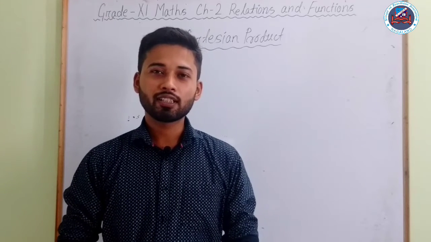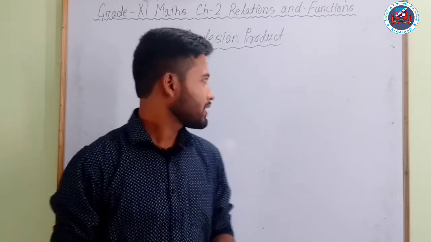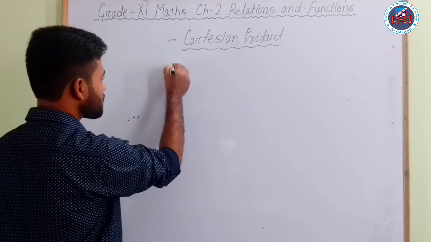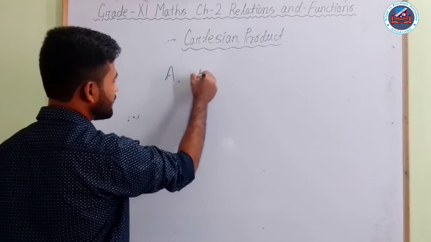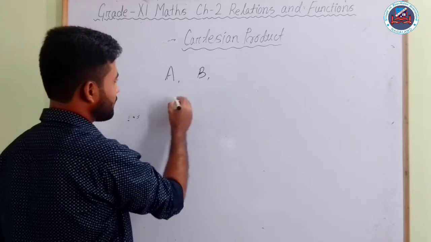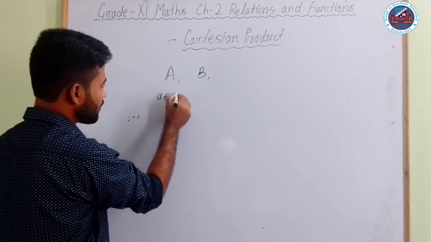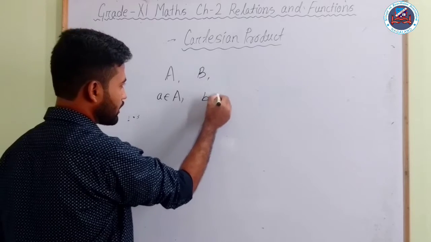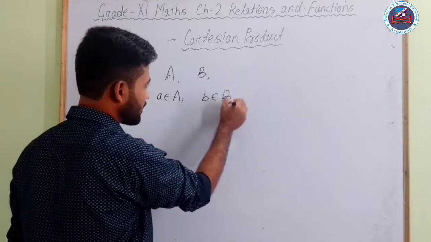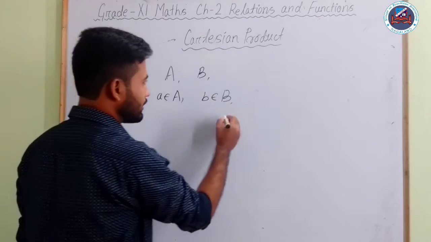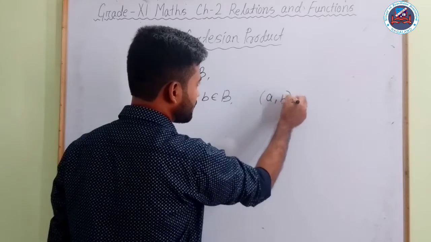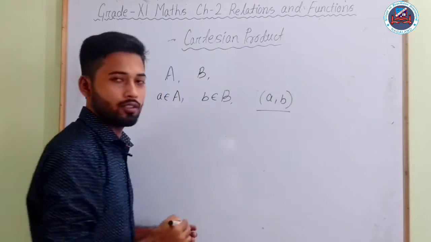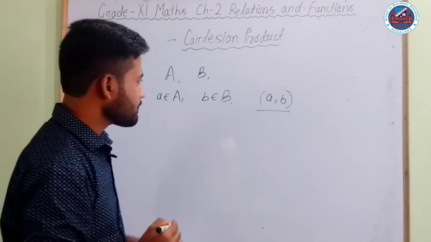As you have learned in grade 10, an ordered pair is basically this: if I have two sets A and B, and I take an element a belonging to the set A and an element b belonging to the set B, then if I write a pair (a, b), such pairs are called ordered pairs.